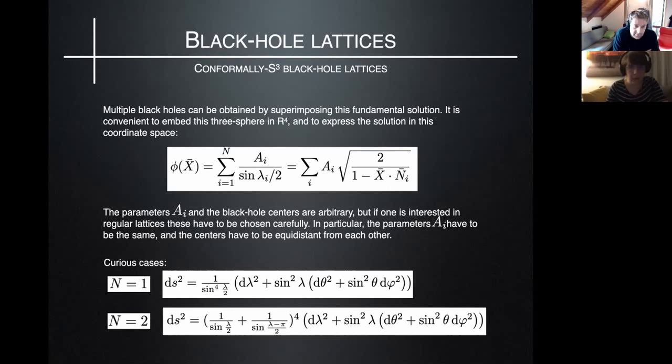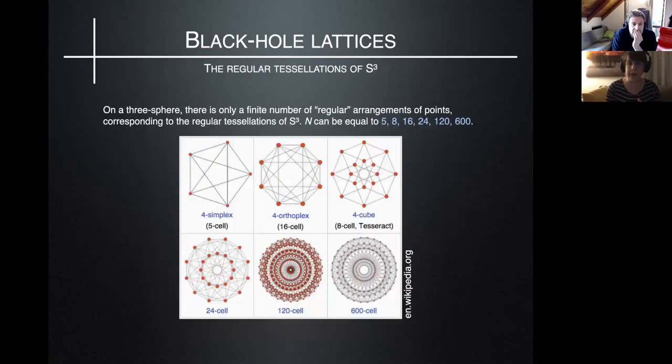Why is that? So first, let me say just a quick intermission to this, and then I'll come back to this. As I said, this superposition is generally for arbitrary a_i, lambda_i, and then a solution to the Hamiltonian constraint that I showed in the previous slide. Of course, if we're interested in spaces that have at least some degree of homogeneity and isotropy, we want to look at a regular arrangement of points on the sphere. And for that, it actually turns out that there are 6 possible configurations.